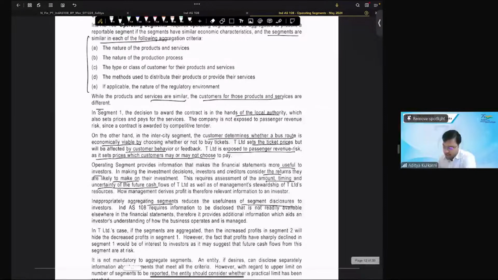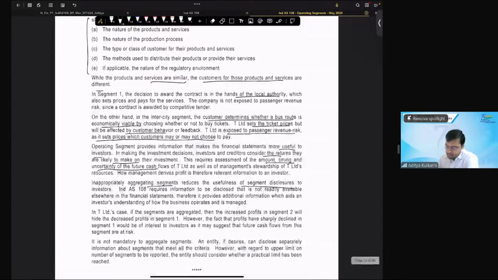So now coming back, inappropriately aggregating segments reduces the usefulness of disclosures. In T Limited's case, if the segments are aggregated, the increased profits in segment 2 will hide the decreased profits in segment 1. However, the fact that profits have sharply declined would be of interest to investors, as it may suggest that future cash flows from this segment are at risk.